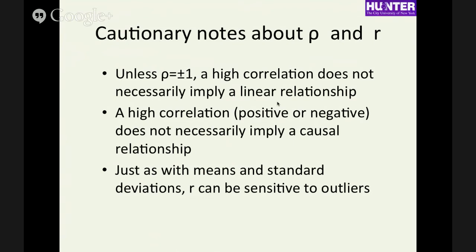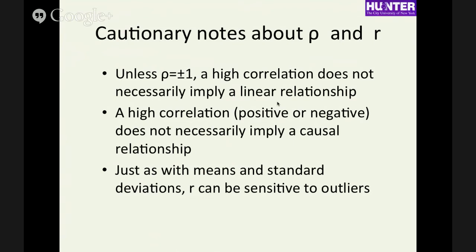A high correlation does not imply a causal relationship unless that's the case because you did an experimental study and you're actually controlling one of the variables. And just like with means and standard deviations, it can be sensitive to outliers.